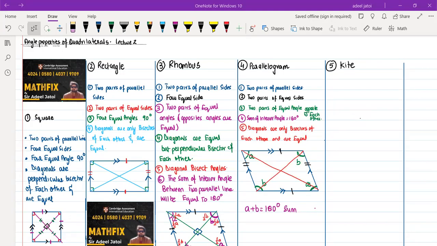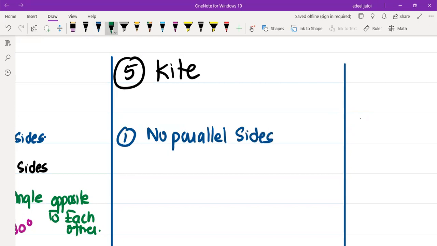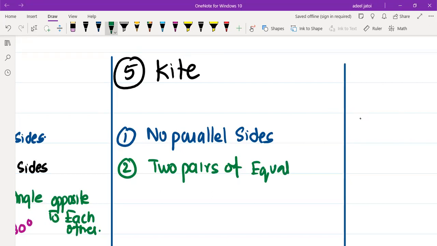So the fifth one is the kite. It has no parallel sides. Then two pairs of equal adjacent sides.